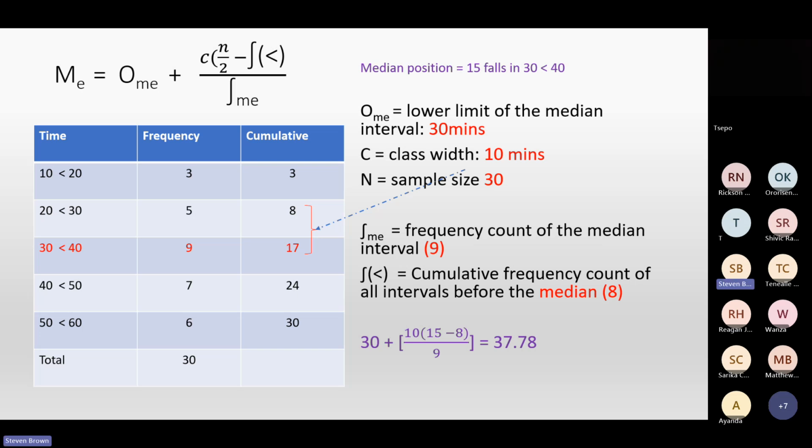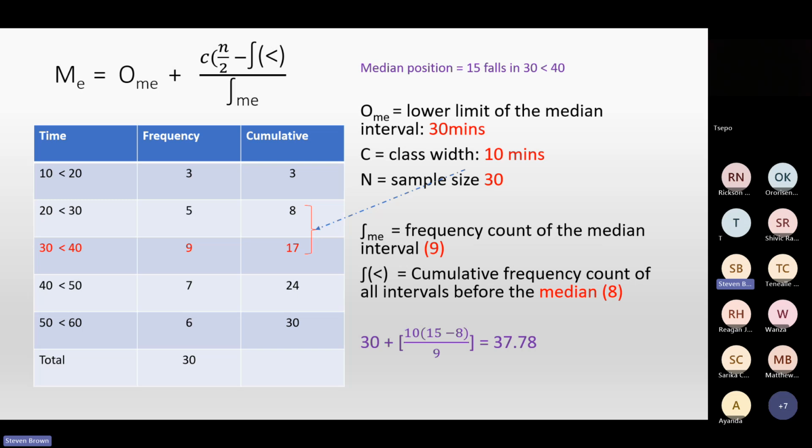Now, the next thing we need to work out, how do we understand where the median interval is? The median interval class, because that's asking for the lower limit of the median interval. So the first thing we must remember is that the median data point is halfway in your data points. Median is halfway. So you've got 30 data points, okay?